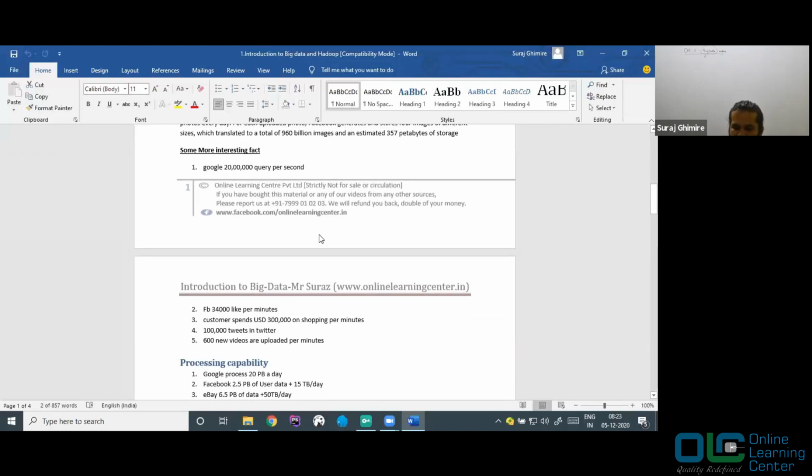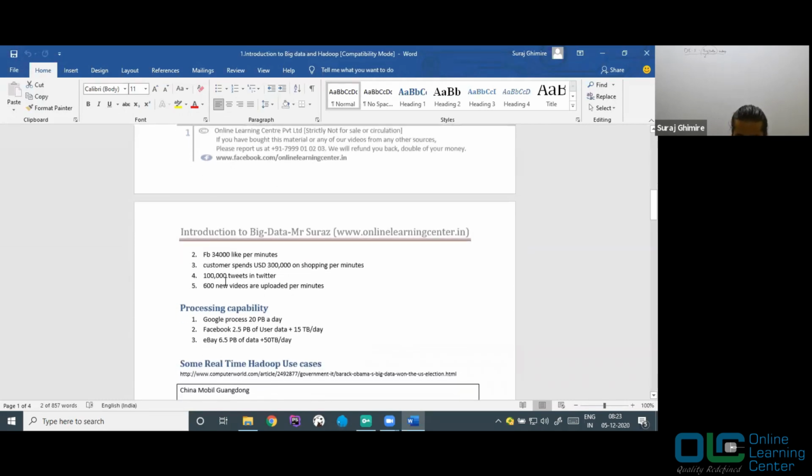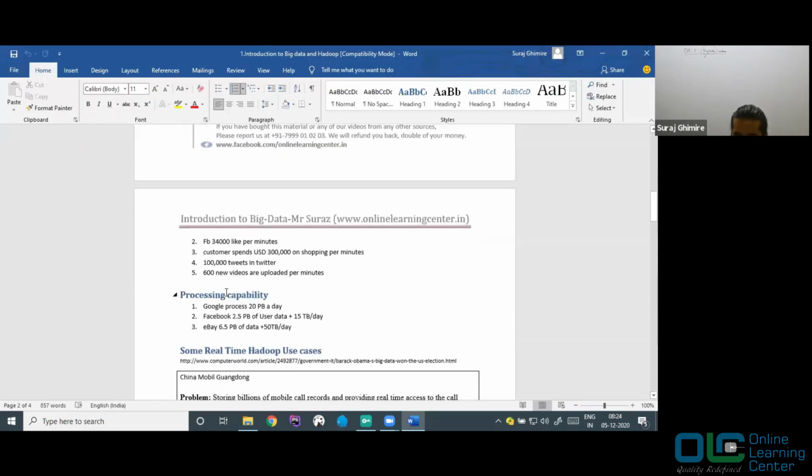Now, some interesting facts: in Google you'll find almost 20 lakh queries a second. In Facebook you'll see almost 34,000 likes per minute. Customers are spending almost $300,000 per minute on shopping, and there are almost 100,000 tweets on Twitter. 600 new videos are uploaded per minute. So these are some use cases telling us how the data is getting bigger. Think about it.